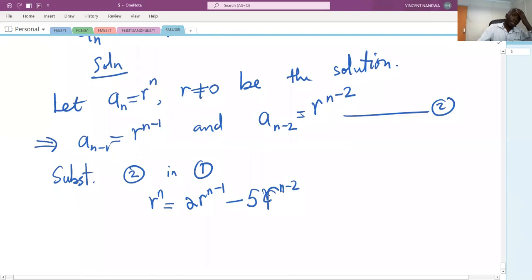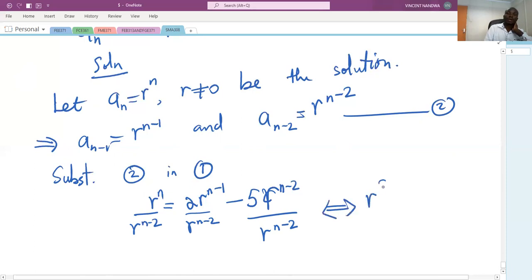And since r is a non-zero constant, we can divide through by r raised to power n minus 2. So which means we'll have r squared equals 2r minus 5.